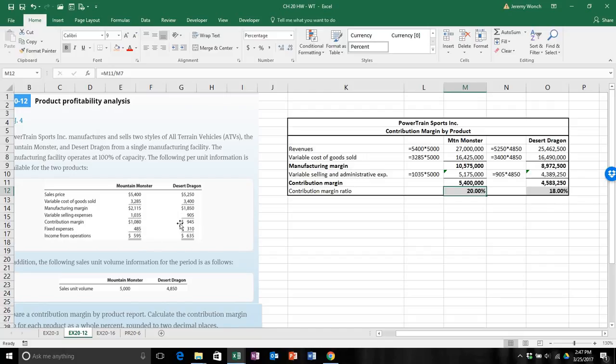Once those fixed costs are covered, as we sell more and more units, we're actually going to have more profitability under the Monster. Every time we sell a unit, the Monster is going to contribute more to our bottom line. So our recommendation to management would be, hey, sell more Monsters, fewer Dragons if possible.